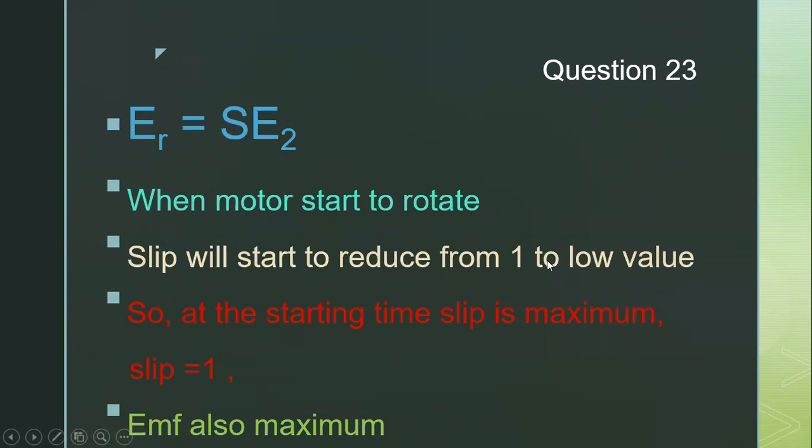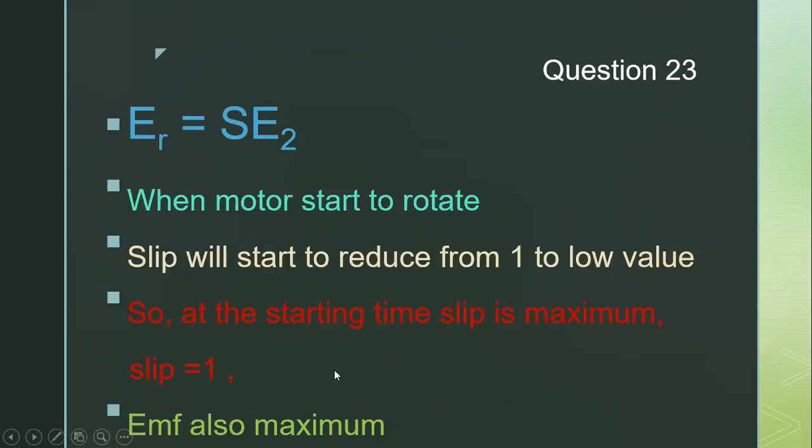So at the starting time slip is 1, and at the running time it will be a decreased value. At the starting time slip is maximum, so the EMF will be maximum. ER is equal to S into E2. At the starting time S is equal to 1, so ER and E2 will be the same. In the running condition S will be a low value, below 1, so ER will decrease.